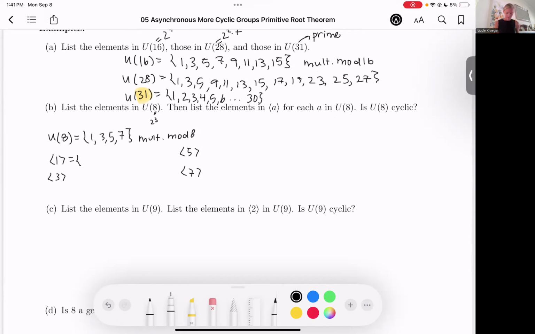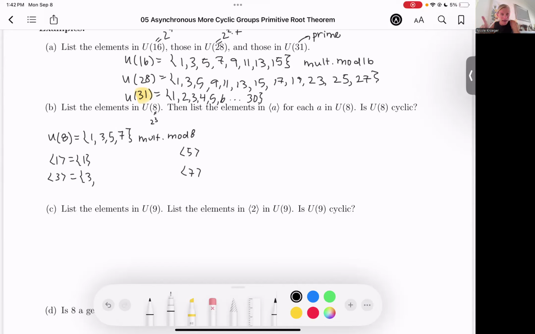The operation here is multiplication now, so we're multiplying, not adding anymore. If I look at the things in the set generated by 1, that's going to be 1 itself. Then it's going to be 1 times 1, again multiplication because that's our group operation. 1 times 1 is just 1. 1 times 1 times 1 is still 1. So I'm stuck at 1 all the time, which makes sense because 1 is the identity here. If I look at 3, I'm going to have 3.